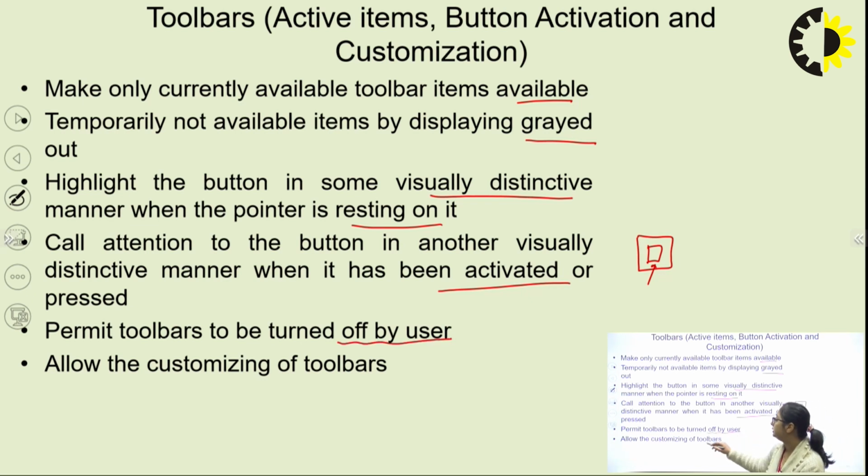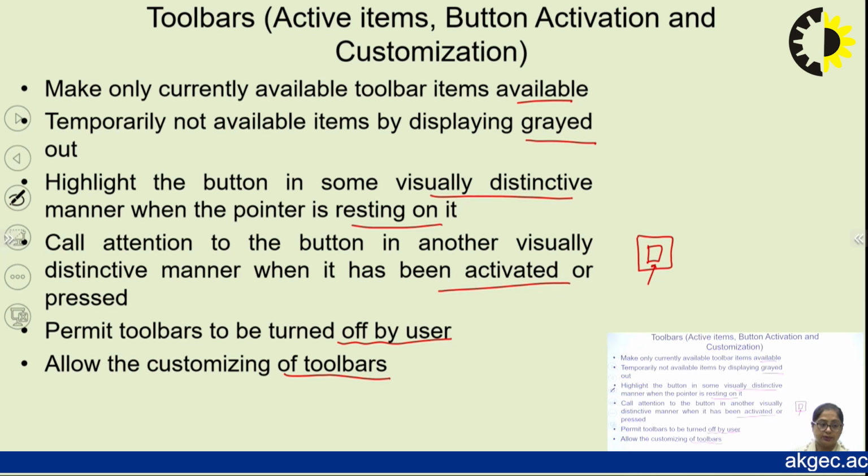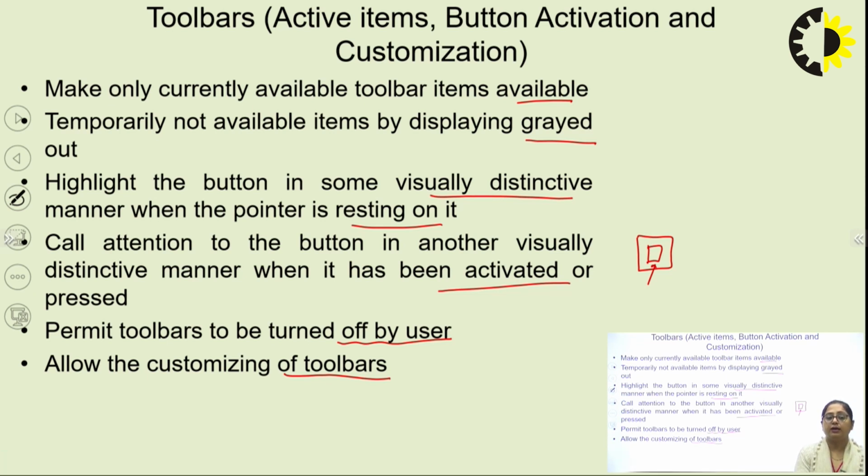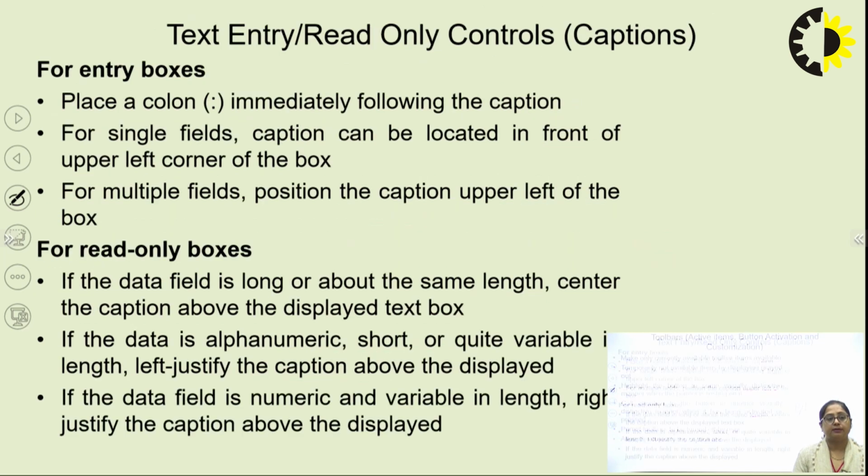Allow the customizing of the toolbar. So customization is also possible in the toolbar. Whatever screen controls you want most frequently, you place these customized controls in the toolbar so that you can do your task very fast.